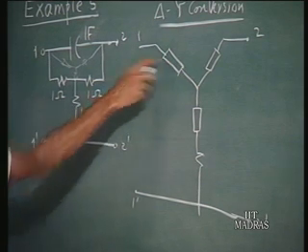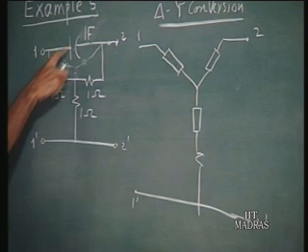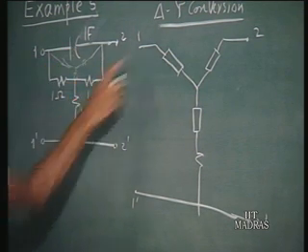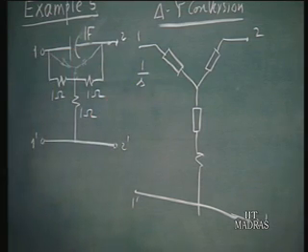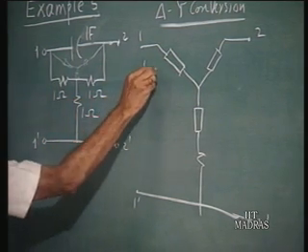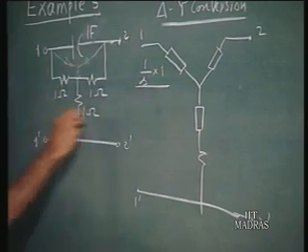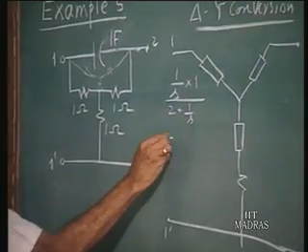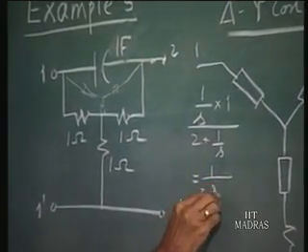The impedance of this is obtained by the product of these two impedances divided by the sum of the three impedances. Therefore, the impedance of this will be 1 upon S, that is the generalized impedance of this, times 1, divided by the sum of the three impedances, which is 2 plus 1 over S, which will of course be 1 upon 2S plus 1.